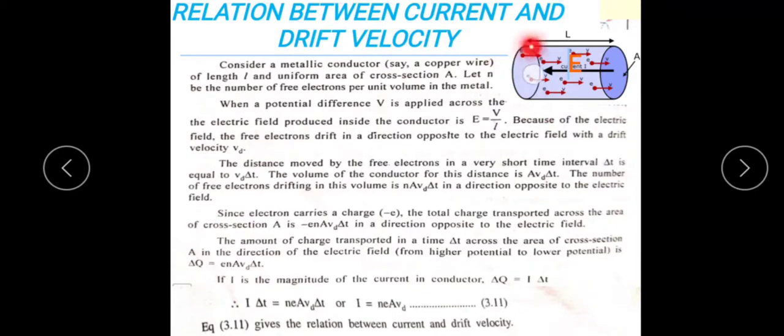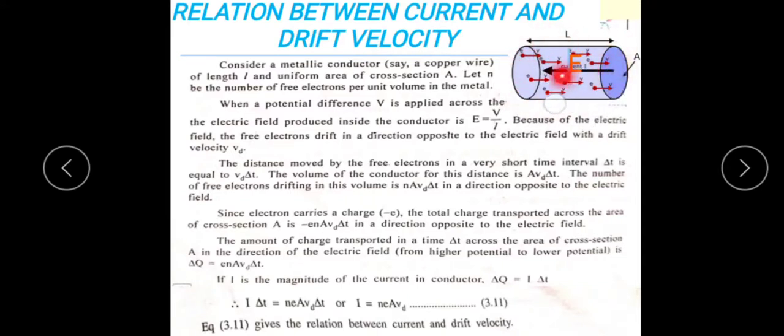For example, you can consider this end to be a positive plate and this end the negative plate. In such a condition, an electric field is developed inside the conductor.